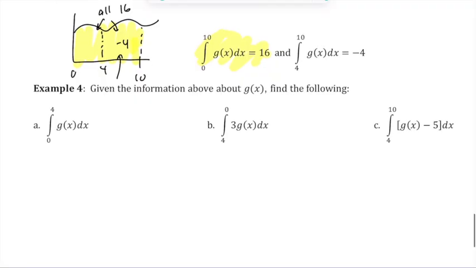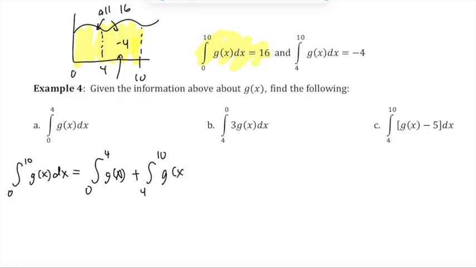But let's see. So setting this up properly, you would say the integral from 0 to 10 of g of x is going to be equal to the integral from 0 to 4 of g of x plus the integral from 4 to 10. And because of space, everything here is supposed to have a dx like this one.